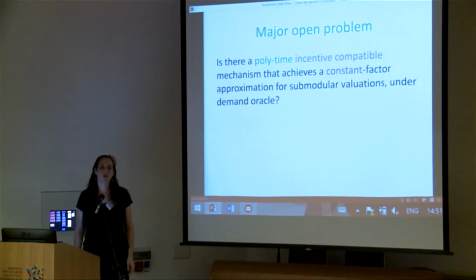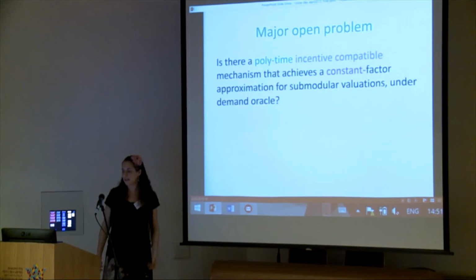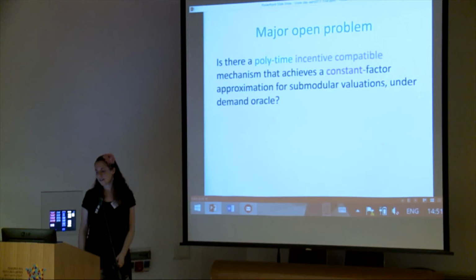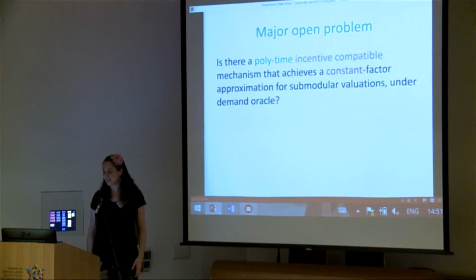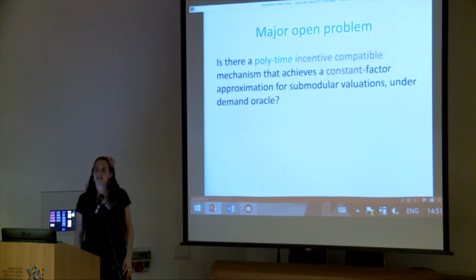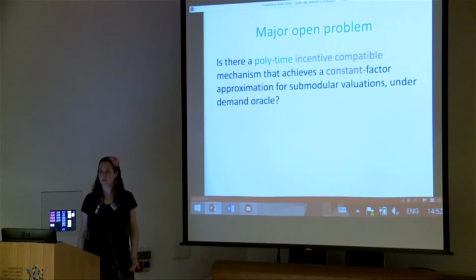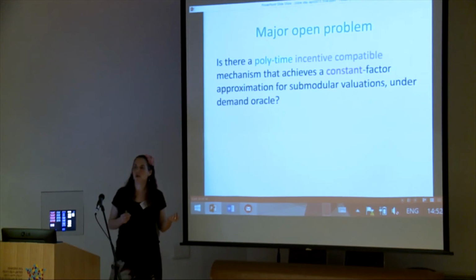So the major open problem, which is, by the way, still open, is whether there is a polytime incentive compatible mechanism that achieves constant factor approximation for submodular valuations under demand oracles. In other words, do we have a gap between the algorithmic problem and the economic problem?